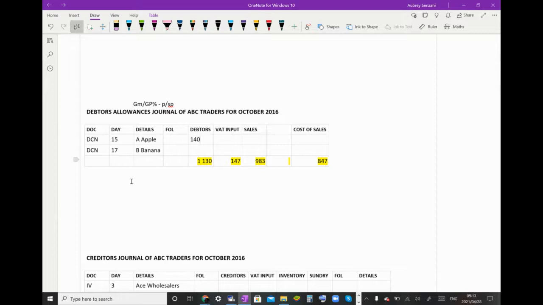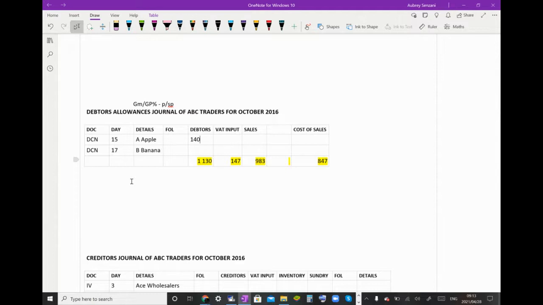If there's more input VAT than output VAT, then SARS needs to pay me. Okay, does that make sense? So whenever you want to reverse output VAT, you do an input VAT transaction. And that's why we have input VAT there. It's the same principle. If ever we want to reverse input VAT, we reverse input VAT by doing an output VAT transaction. Okay? All right.